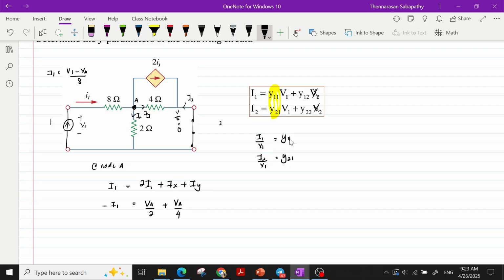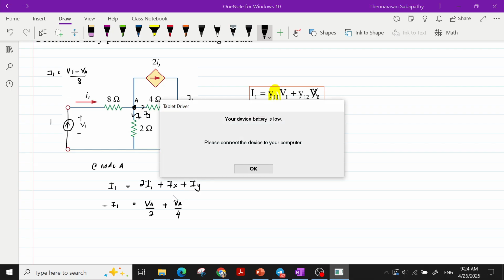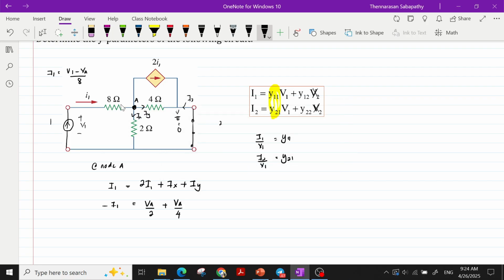To get the parameter y11, I should have only I1 and V1, and we have a VA here, so obviously we cannot have VA to get y11. But here I can derive VA in terms of I1 and V1. If I substitute VA here, then I will have everything in terms of I1 and V1, and then I can get this y11 parameter.